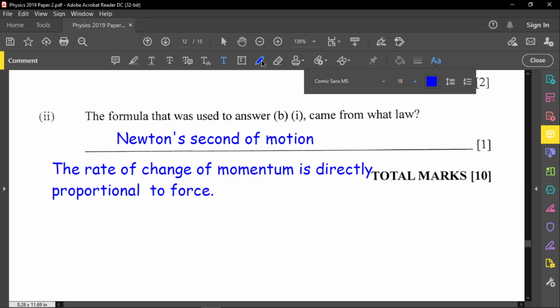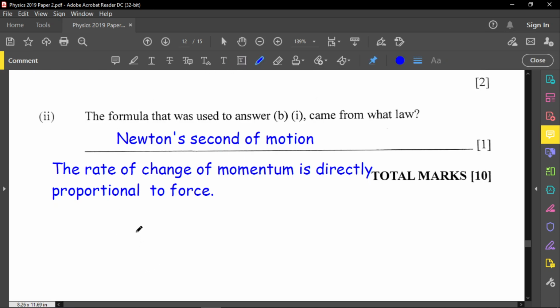So in other words, what this is simply saying to us now, right? Momentum, let's call this momentum, which is mass times velocity. And it's saying that the rate of change of mass times velocity is equivalent to force.